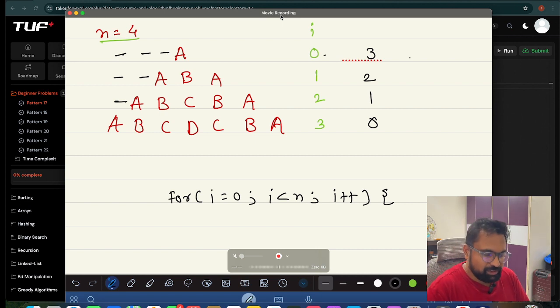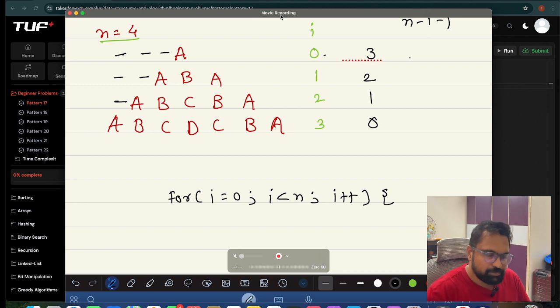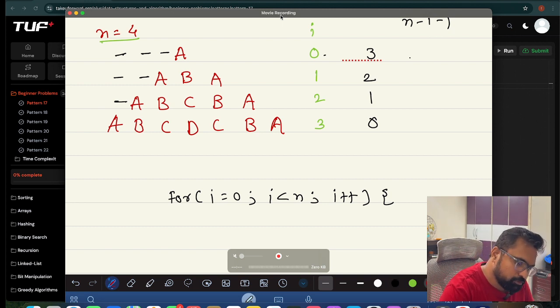So can we identify some pattern using n and i? Can we create some formula around this? Yes, we can. So what is the formula? Can we subtract i from n, and maybe something more? Let's say n minus i minus 1. Can this be a formula? Let's try to understand. Here n is 4, minus i is 0, minus 1, so it is 3.